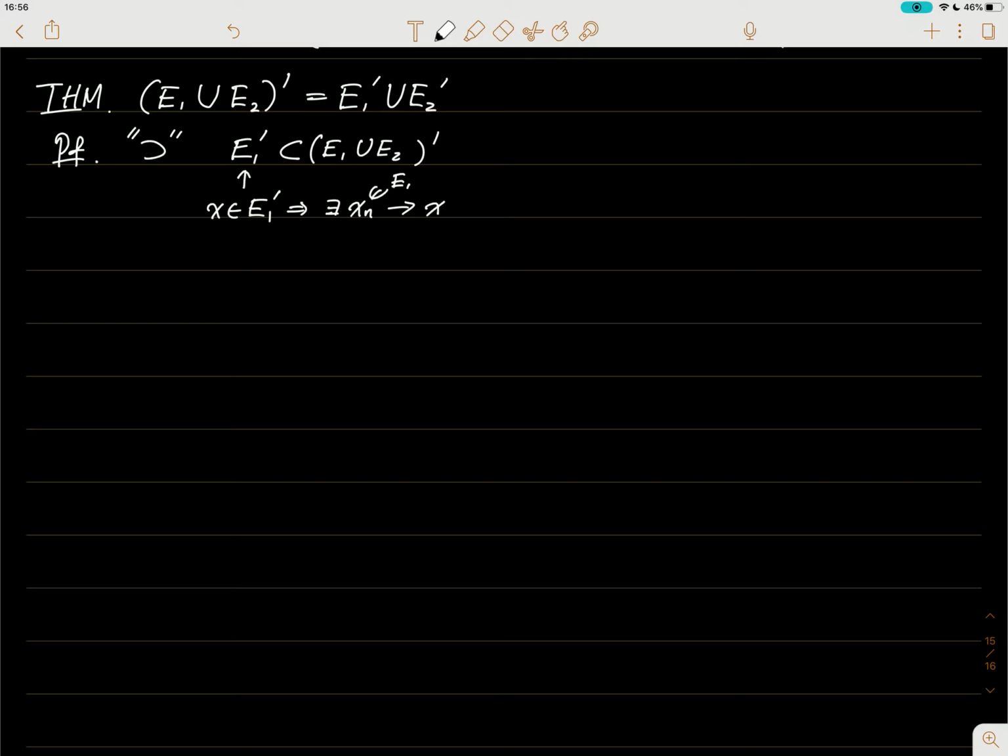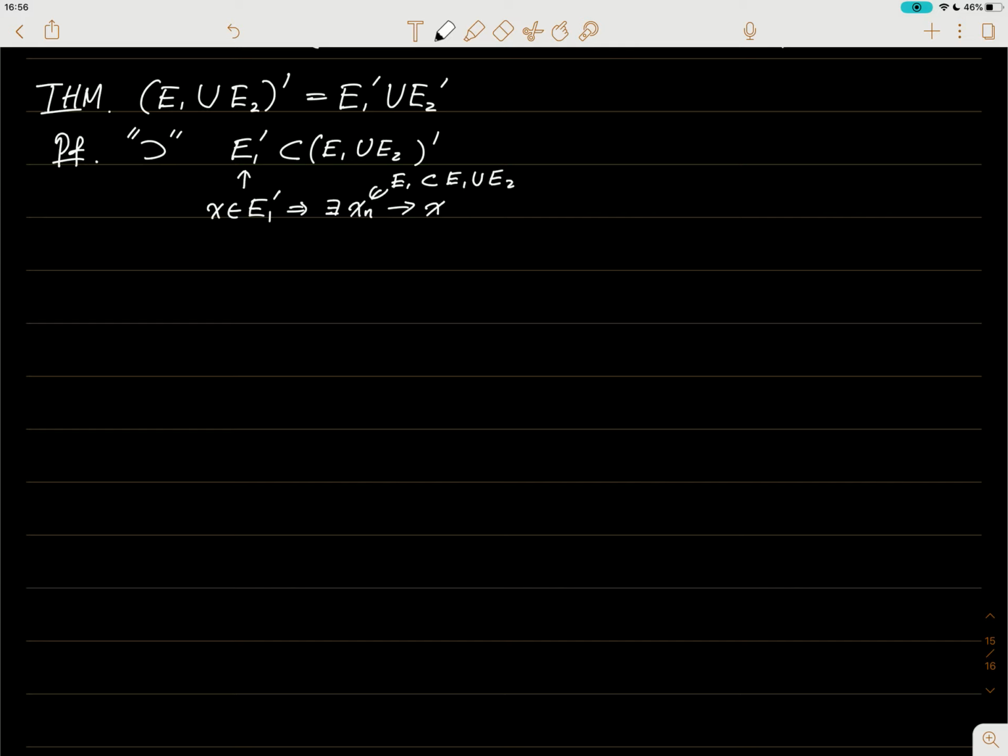So now you have a sequence of points from E1 that converge to x, and apparently the sequence is also from the union of E1 and E2, because E1 is just a subset of the union. So you have a sequence of points from the union of E1 and E2 that converge to x, and that means x is also a limit point of E1 union E2.